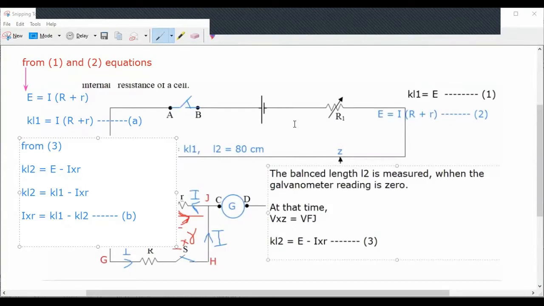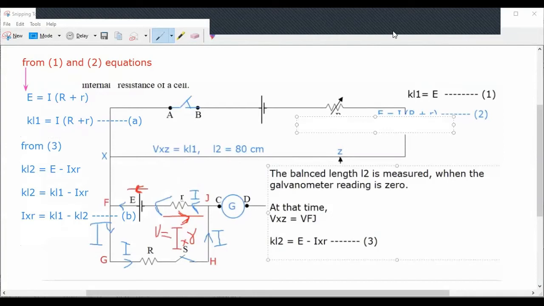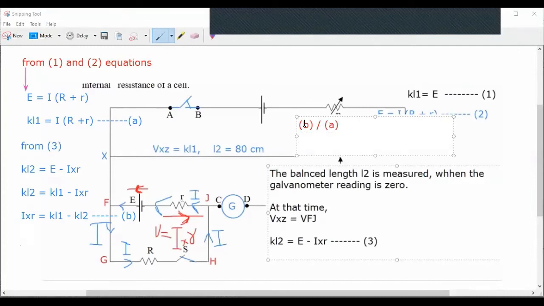Right, the easiest method to simplify this is to divide simple A equation by simple B equation.